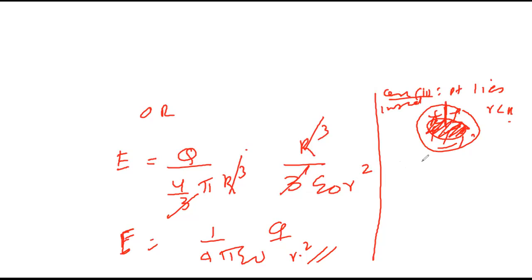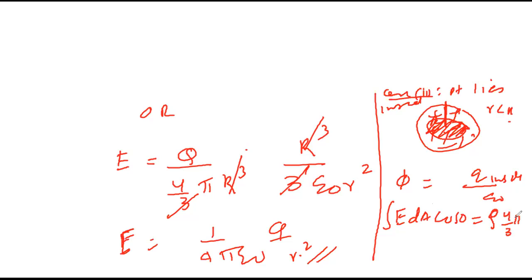So this time flux equals Q inside upon epsilon naught. Flux is integration of E dA cos 0 equals Q inside. Q inside is rho into 4 by 3 pi small r cube this time, not capital. Clear na?